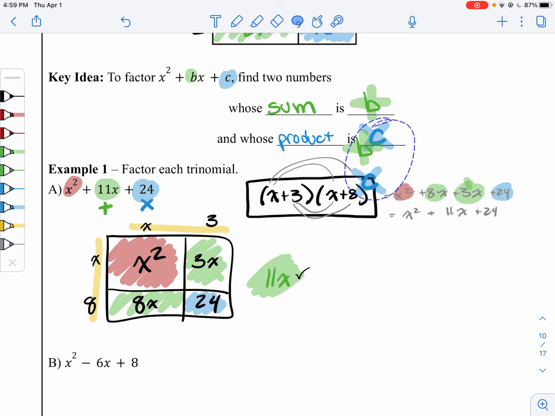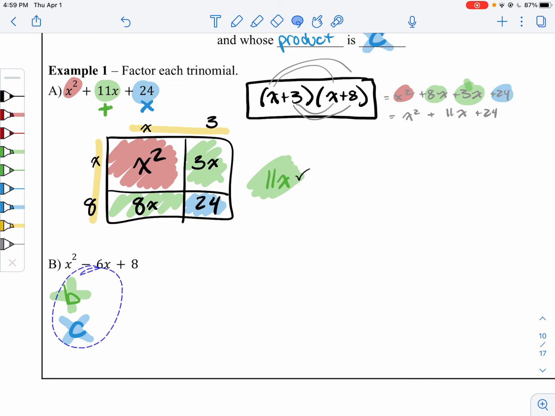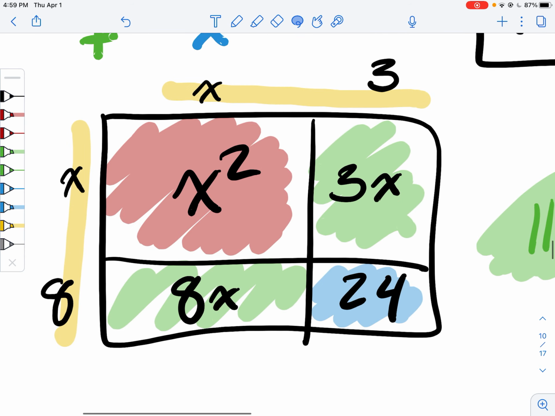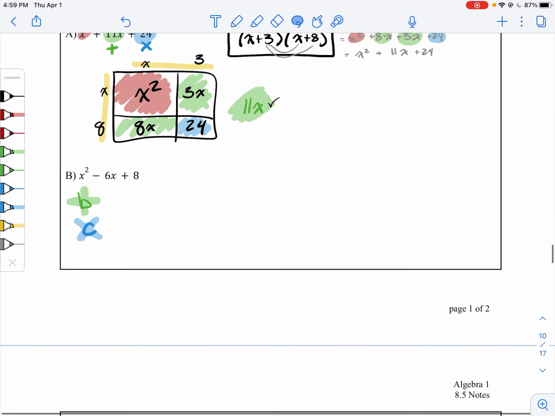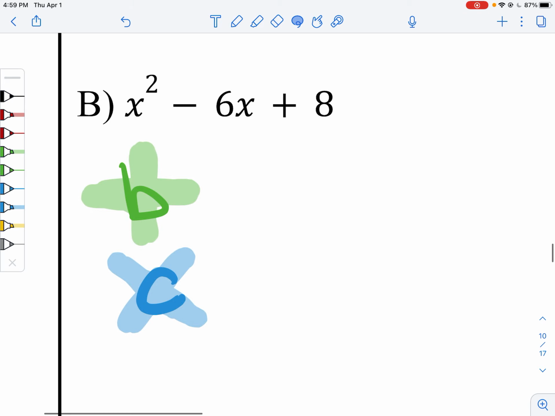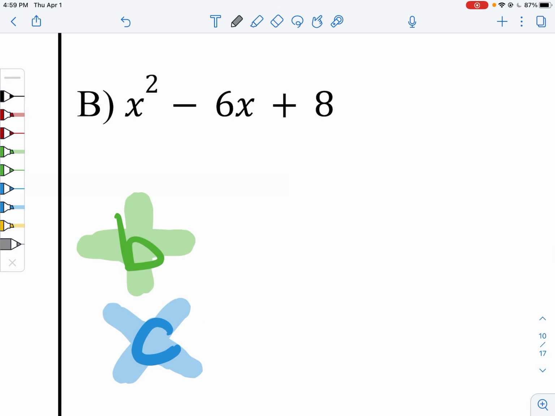We're going to move this down here. Okay, cool. I like to draw this table rectangle thing, but you don't have to draw it every time. Instead, all you need to know is, what adds to b and multiplies to c? And just to add to our little arsenal here, we've got x squared plus bx plus c.